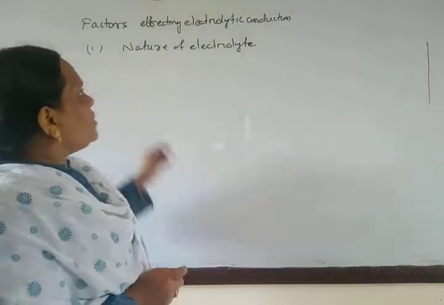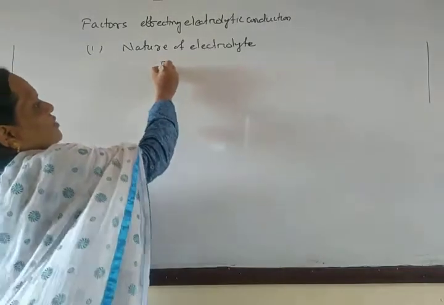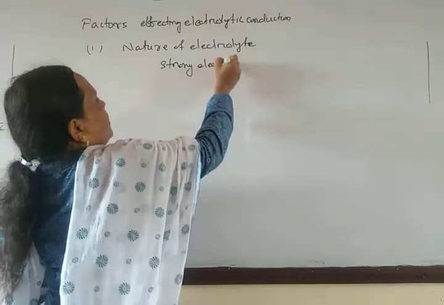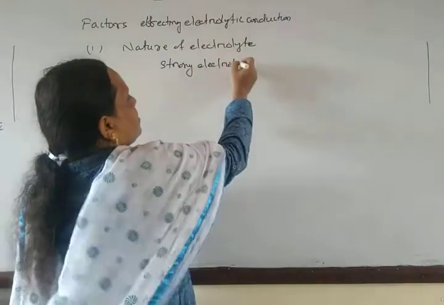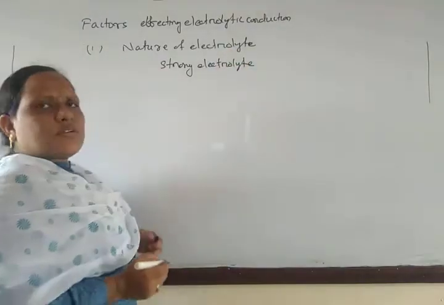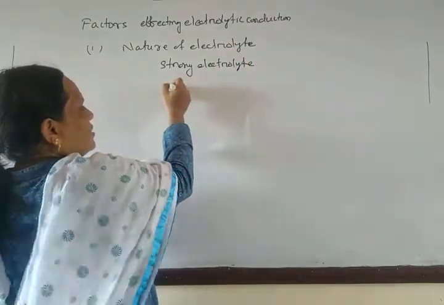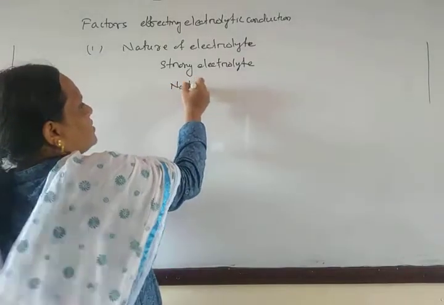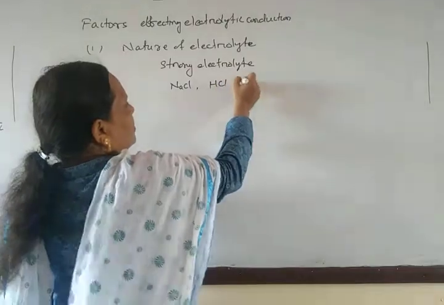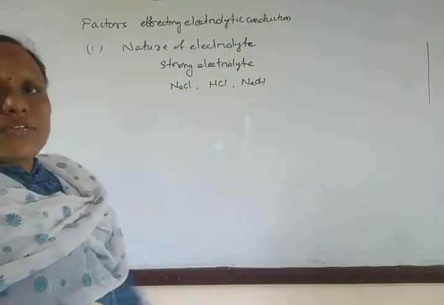So due to formation of more number of ions, for strong electrolytes the electrolytic conduction is more. What are strong electrolytes? Different salts, strong acids, strong bases. For those, the electrolytic conduction is more.